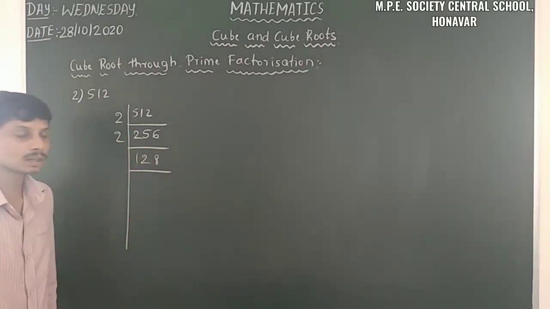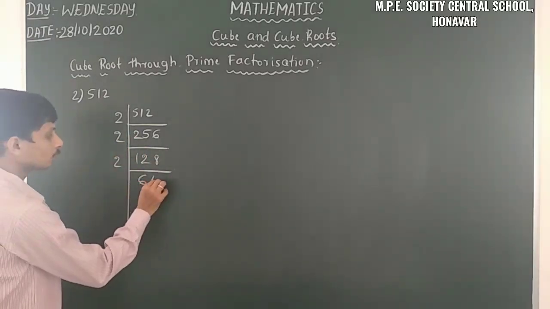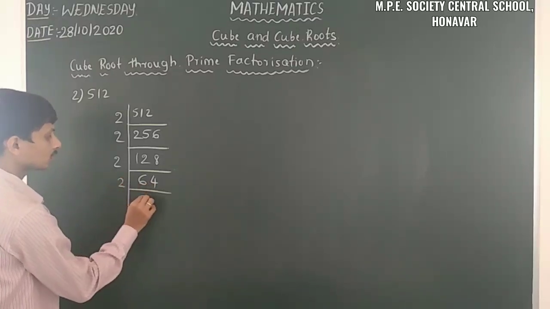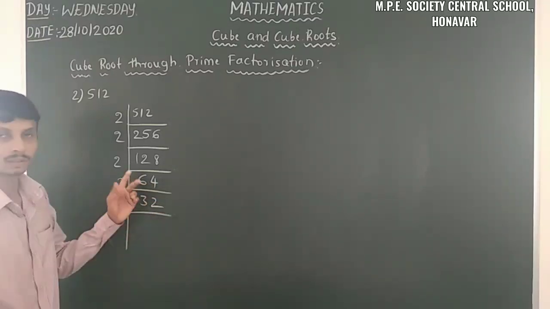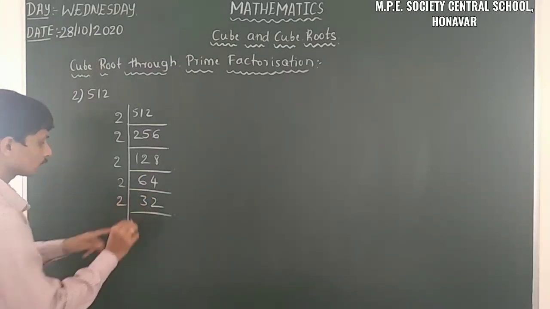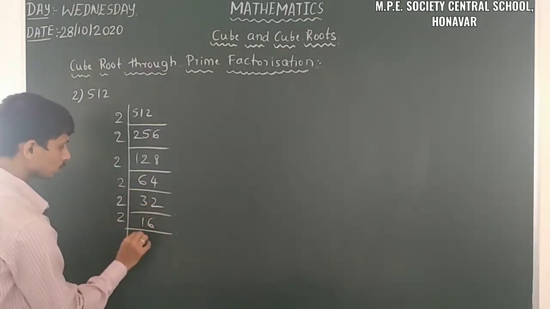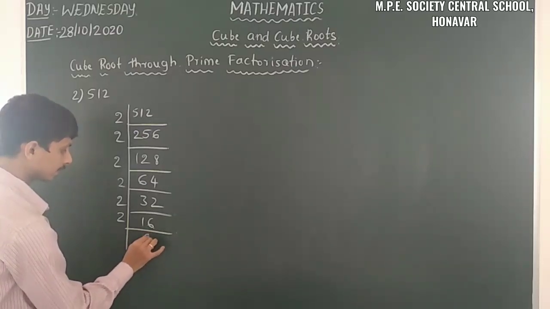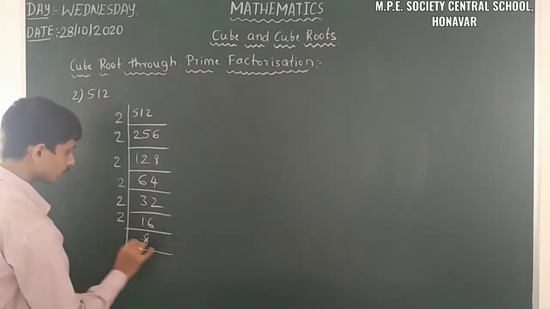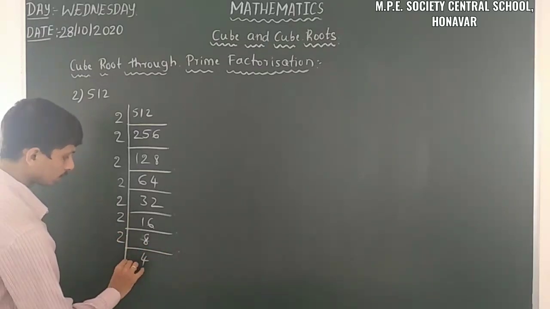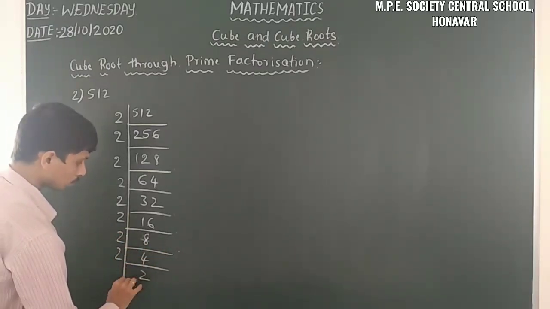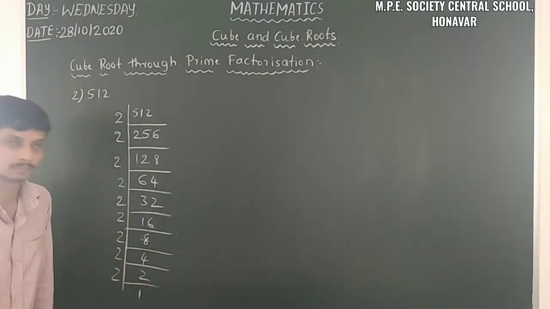Again it is an even number, so 2 into 6 and 2 into 4, and 2 into 3 and 2 into 2, 32 into 2, so 64. Then 2 into 1, 1 remains, 2 into 6, then 2 into 8, then 2 into 4, then 2 into 2, then finally 2 into 1.